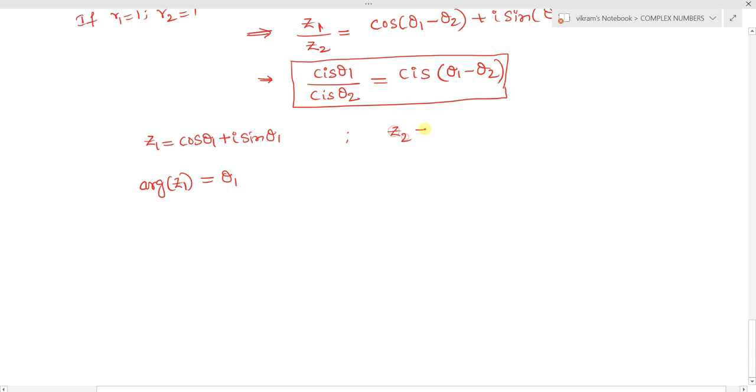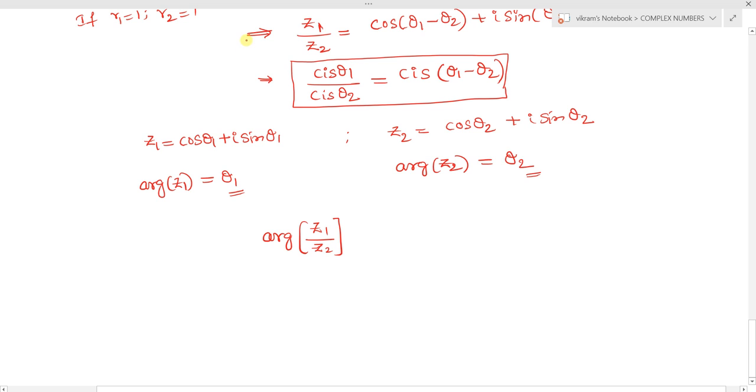And considering z2 equals cos theta 2 plus i times sin theta 2, the argument of z2 is theta 2. Theta 1 is the argument of the first complex number z1 and theta 2 is the argument of complex number z2. Then what is the argument of z1 by z2?